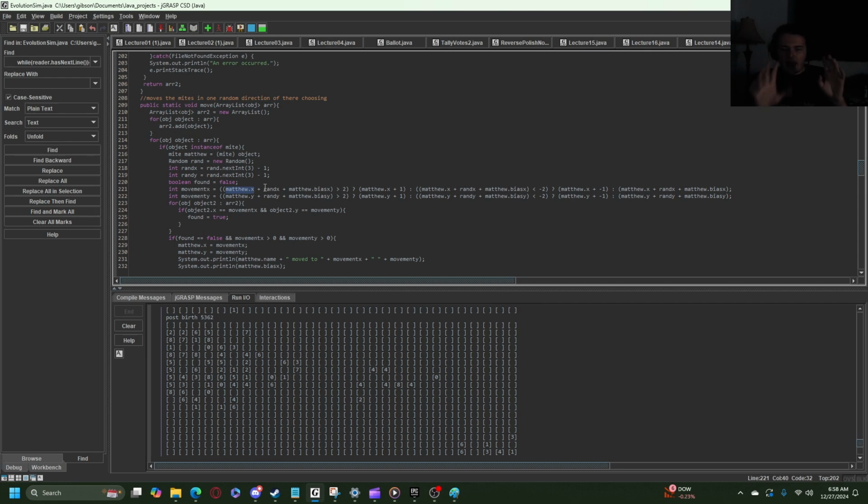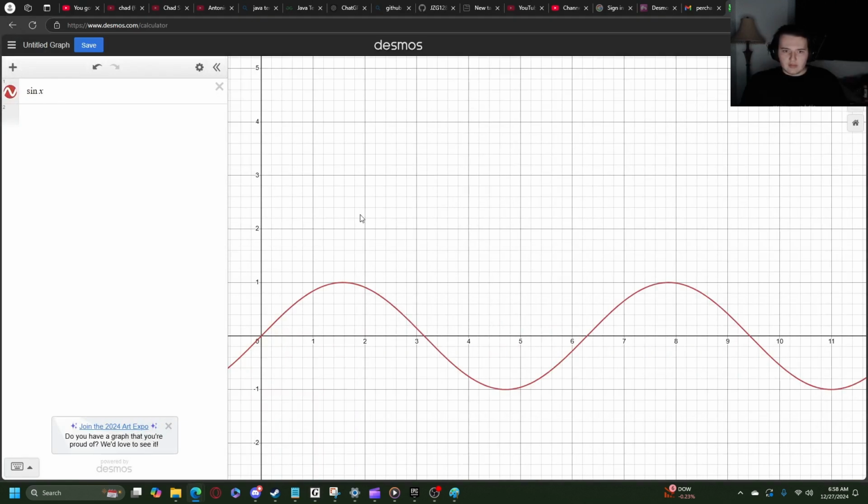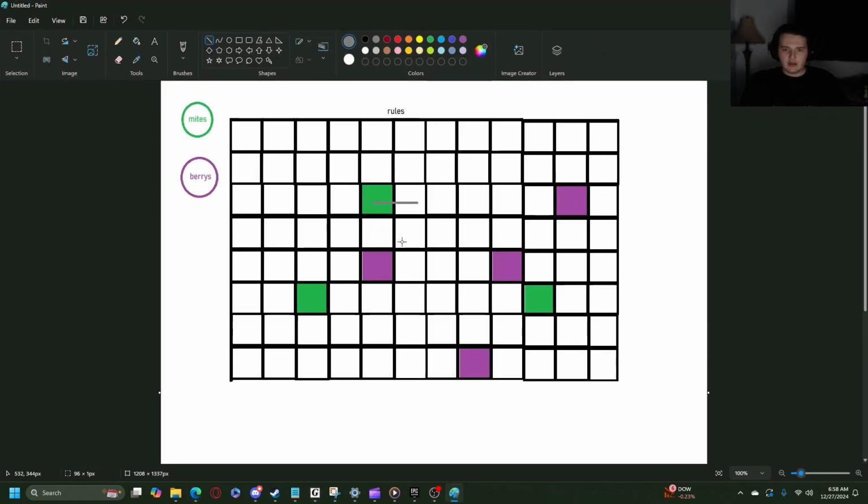So down here, if you have the random movement of +1, and you have the bias movement of -1, these cancel out, which means that it just doesn't move in that direction.